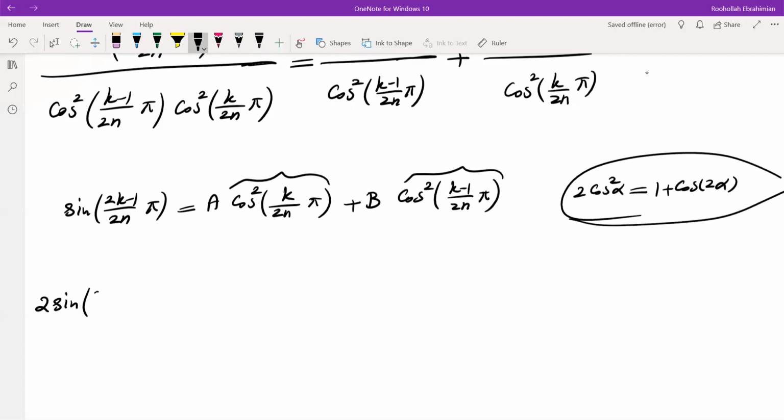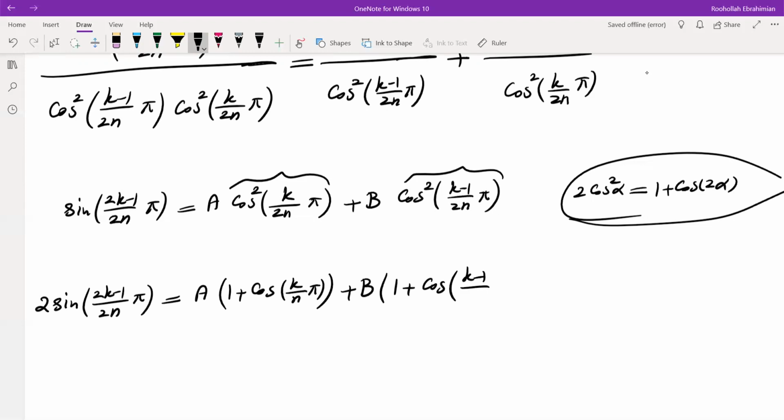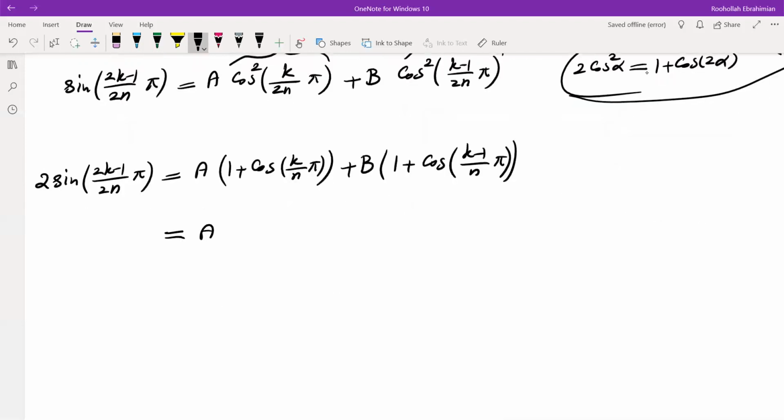So I get 2 sine of (2k minus 1)/(2n) pi equals a times (1 plus cosine of the double angle, k/n pi), and then b times (1 plus cosine of, again, double that angle, (k minus 1)/n times pi). If I combine the constants, I get that, and then the rest becomes a cosine of k/n pi plus b cosine of (k minus 1)/n pi.